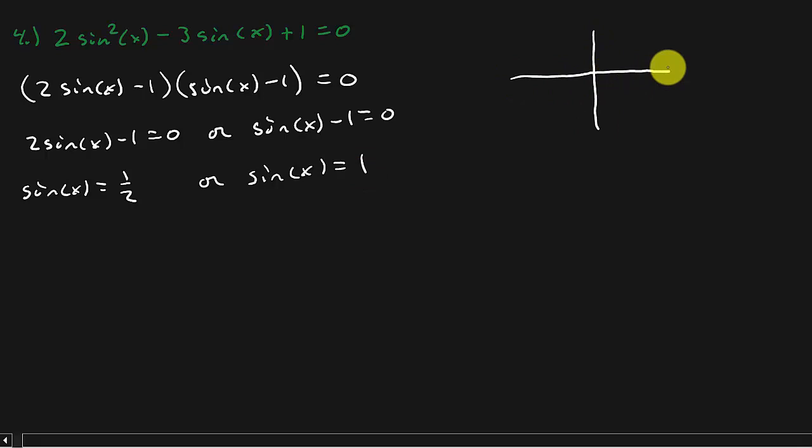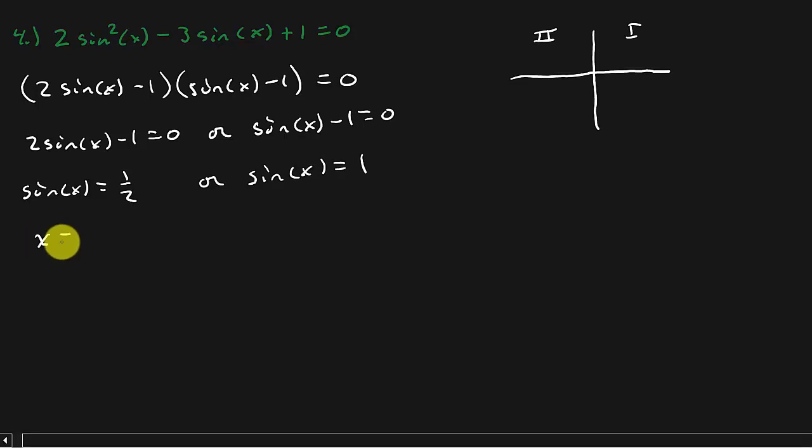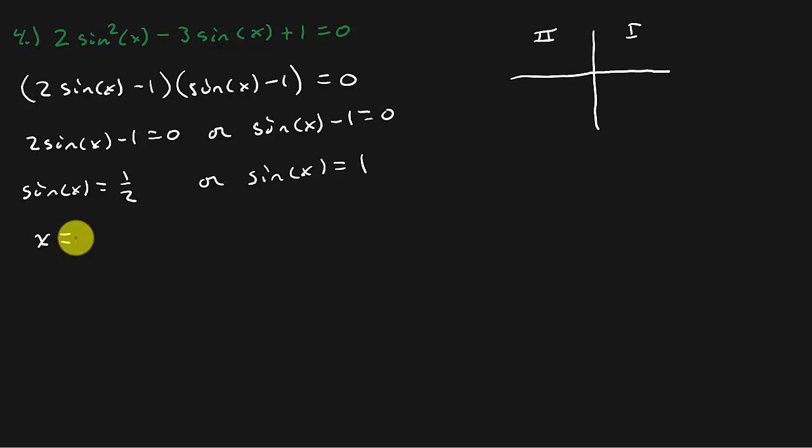So I've got sine is equal to a positive number. So our solution's in the first and second quadrant. We find our reference angle now. So is our reference angle a solution? Yes, because one of our solutions is in the first quadrant. So I'm going to get x is equal to, well, the sine of what is 1/2? The sine of 30 degrees.